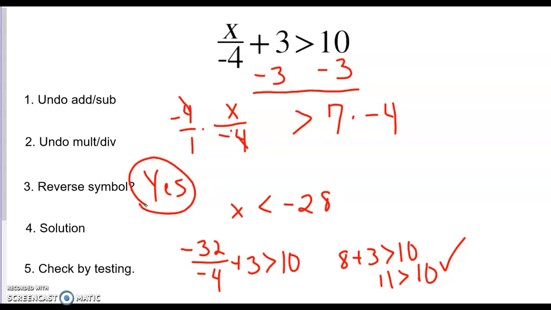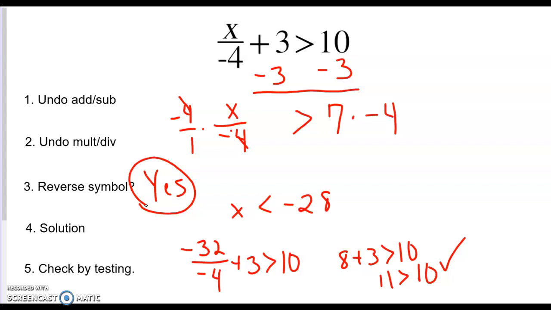Instead of greater than, in our solution, we have less than. All right, it's positive 7 times negative 4 is negative 28. And I picked a number less than negative 28. I picked negative 32 because it divides evenly. Negative 32 divided by negative 4 is positive 8 plus 3, and I went back to my original inequality, is greater than 10. 8 plus 3 is 11, which is greater than 10, so that one works.